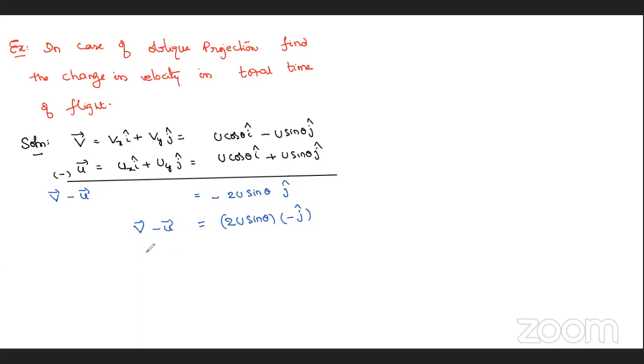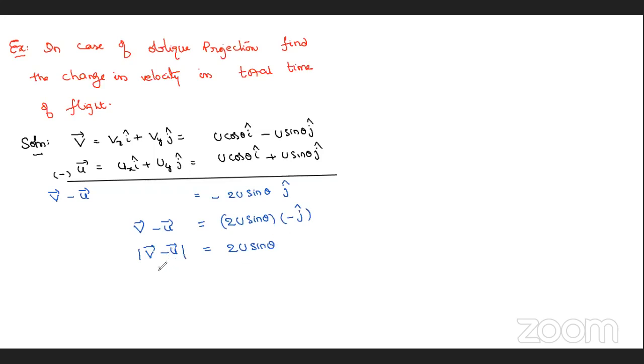If they ask what is the magnitude of v bar minus u bar, magnitude of change in velocity, then out of these two, who is the magnitude? Is it j cap or 2u sin theta? Right. 2u sin theta is the magnitude. Minus j cap is the direction. So here the magnitude is 2u sin theta.